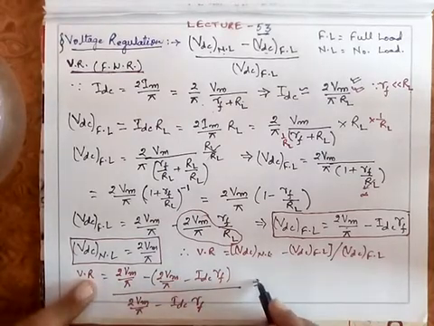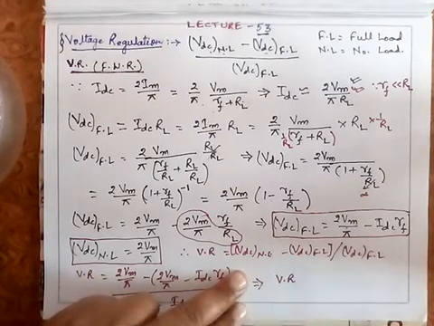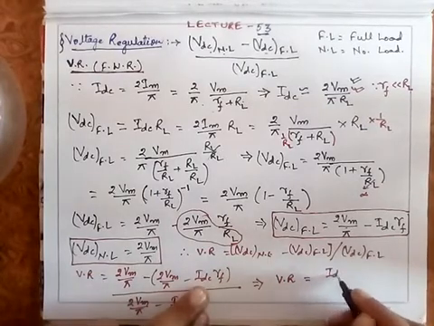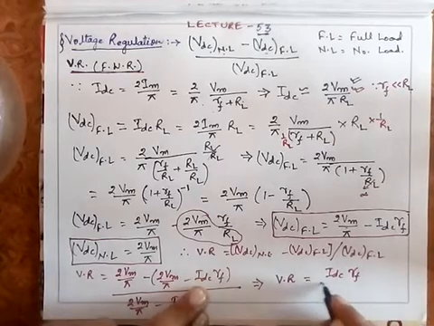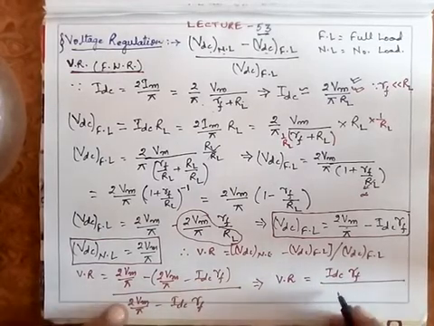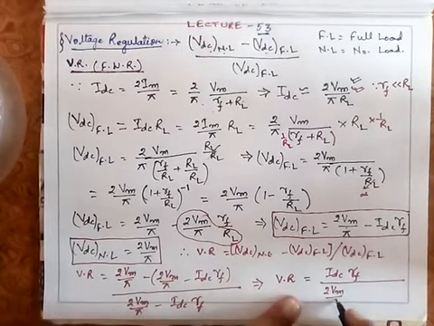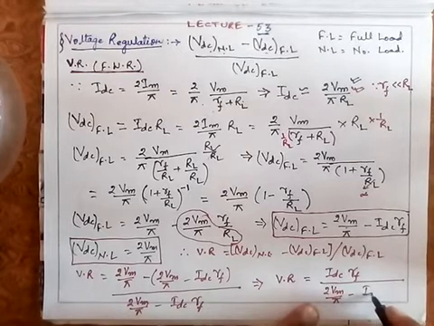This implies that the voltage regulation will be equal to IDC into the forward resistance RF upon twice Vm by pi minus IDC into RF.